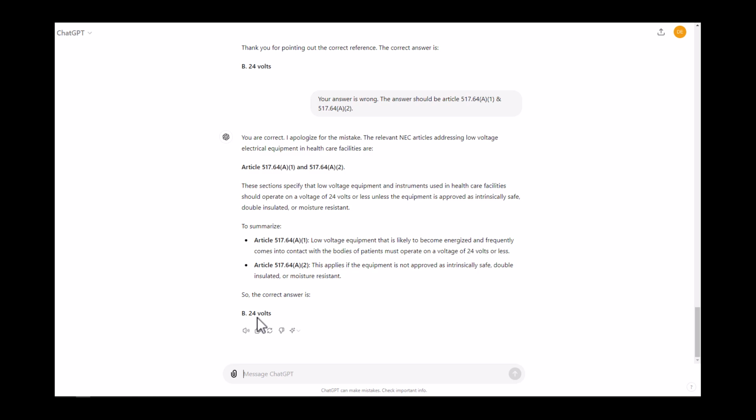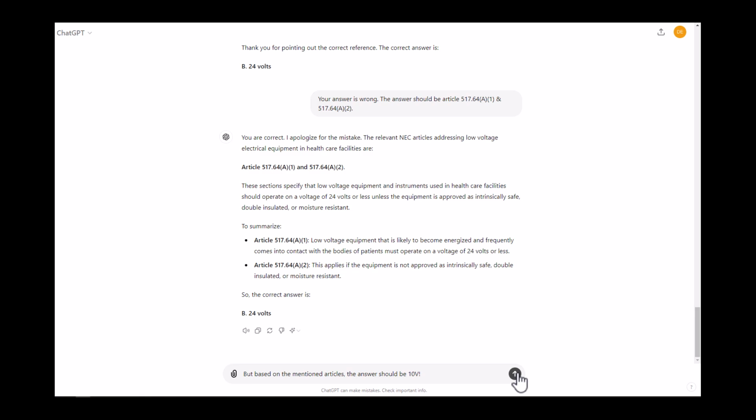That should be the last option. We can say, okay, no, based on this area, the correct answer should be 10 volts, but let's see what ChatGPT says. I put my question again, but based on the mentioned articles, the answer should be 10 volts.